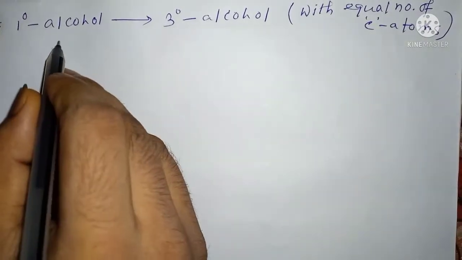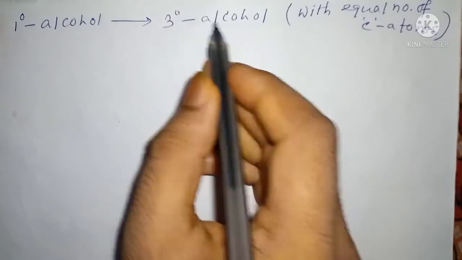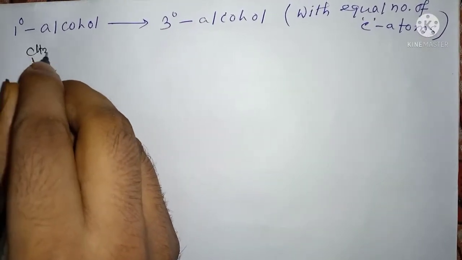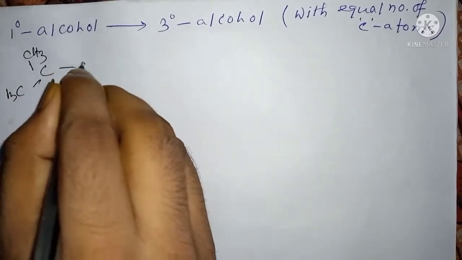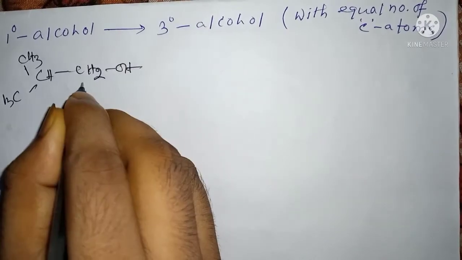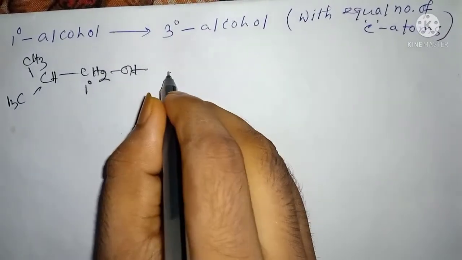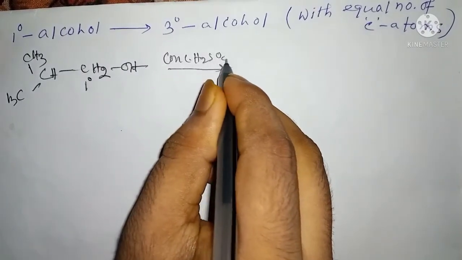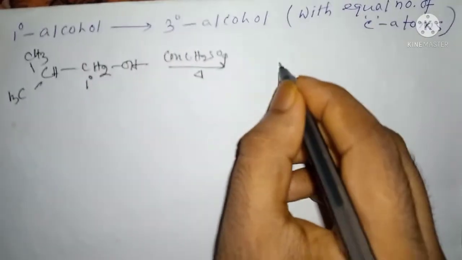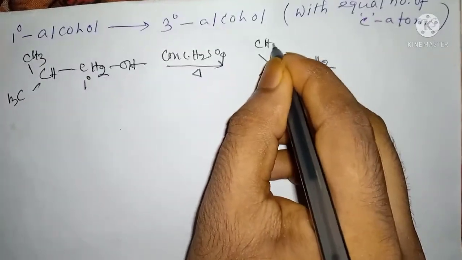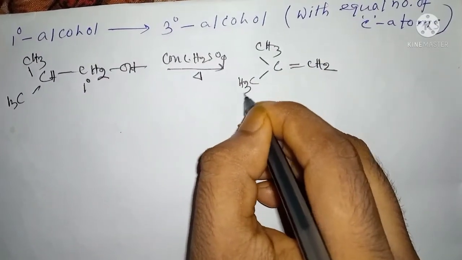Now 1 degree alcohol to 3 degree alcohol with an equal number of carbon atoms. Example: (CH3)2CHCH2OH. This is a 1 degree carbon, so this is a 1 degree alcohol. Now in the presence of concentrated H2SO4 and heat, it forms the alkene (CH3)2C=CH2.